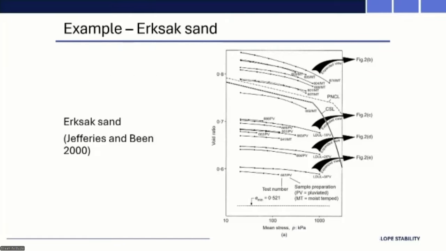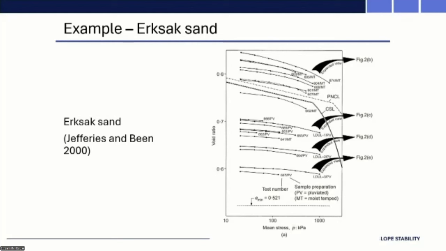One of the examples that's often quoted is from Jeffries and Been, from this Oosterschelde sand. So that myriad of lines you see there, the thinner lines, are a range of consolidation tests on samples that were either prepared using the moist tamping technique or some kind of pluviation method.